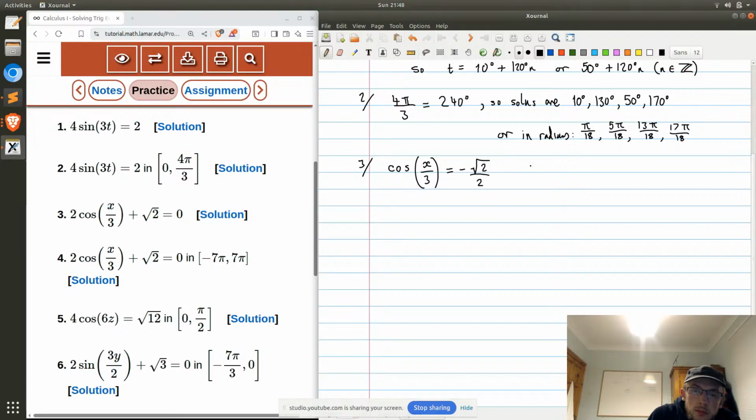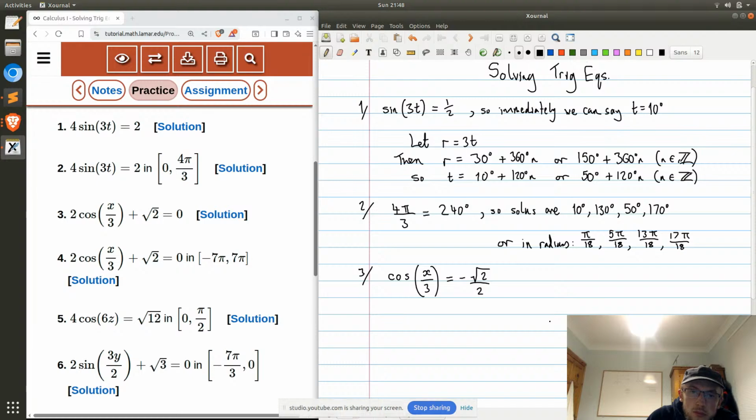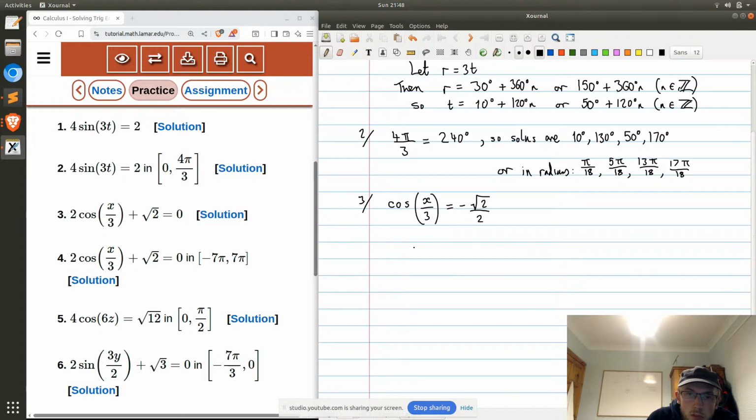So let t equal x over 3. Three pi over 4 and 5 pi over 4.